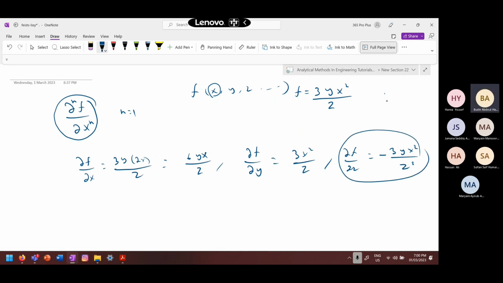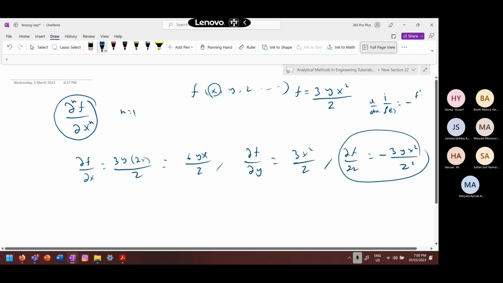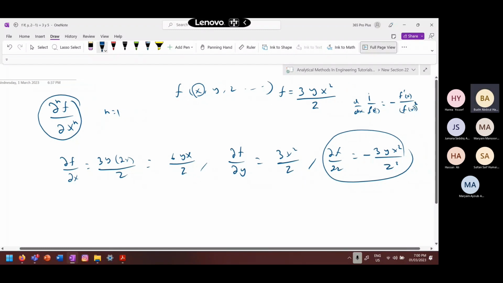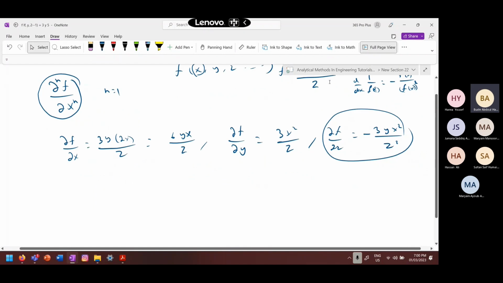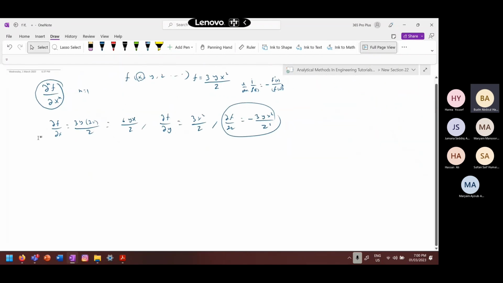We know that the differentiation of 1 over f of x is equal to negative the derivative over the actual function squared. Just to remember.